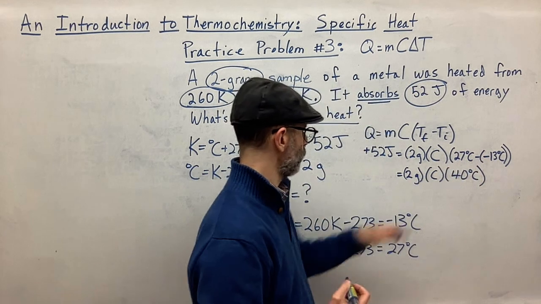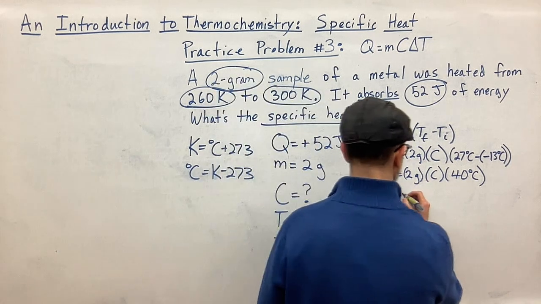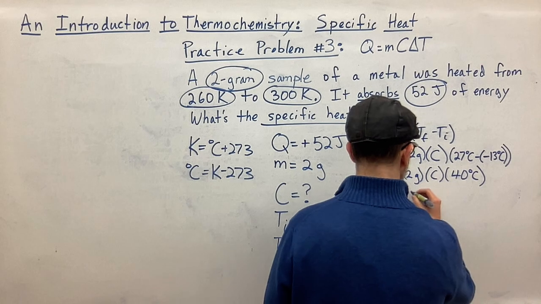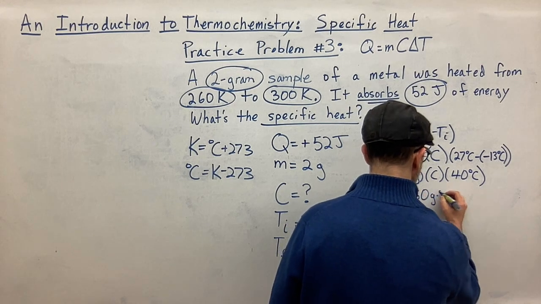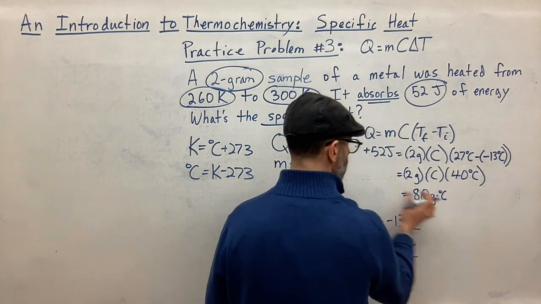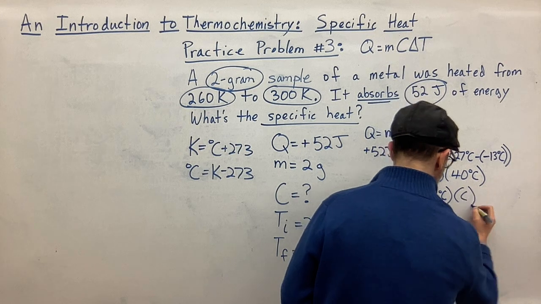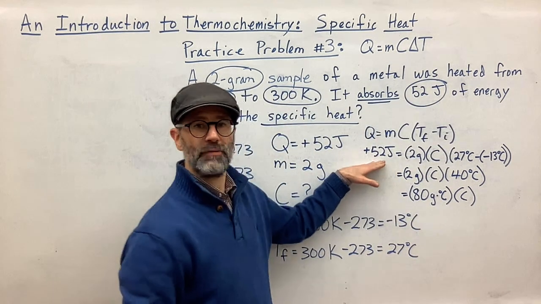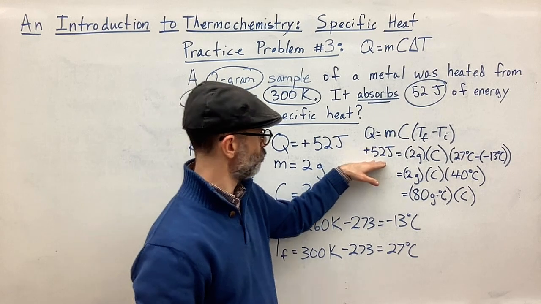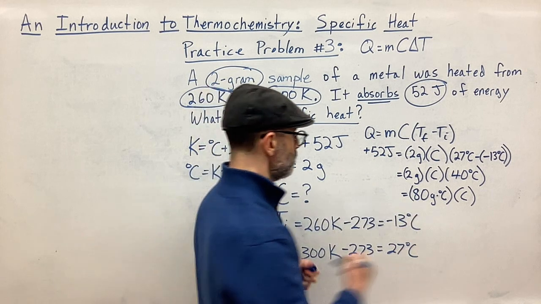We're going to multiply those numbers together, and so this is going to be equal to 80 grams per degree Celsius, multiplied by your specific heat. And then we have 52. We're going to take 52 joules, divide that by 80 grams degrees Celsius.